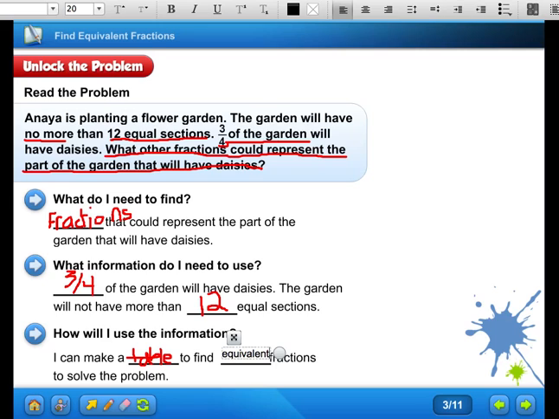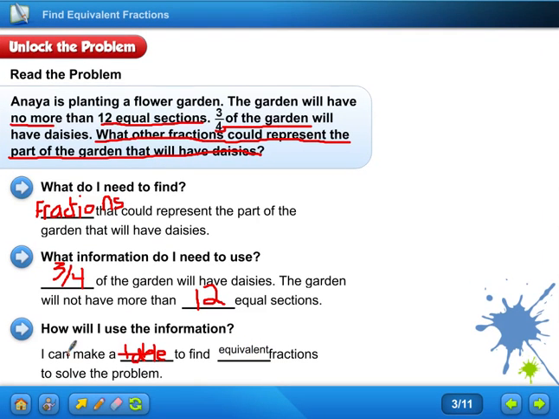All right. So I can make a table to find equivalent fractions to solve the problem. All right, let's see how. So we've gotten the way we're going to do it. So now let's see how we are going to do it.